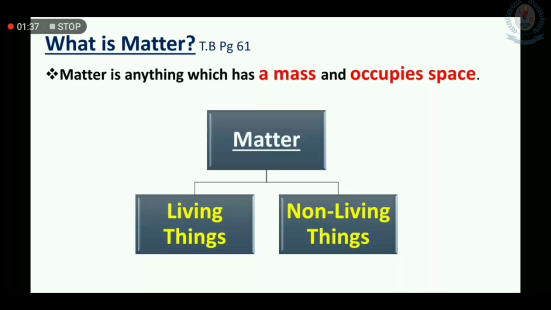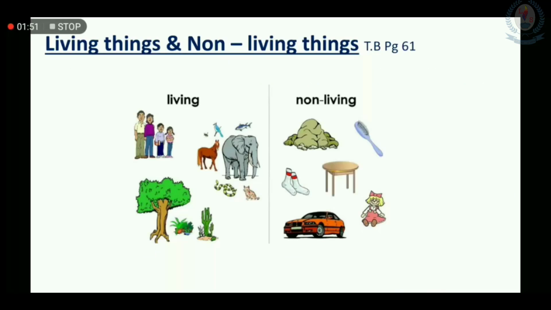Matter can be divided into two groups. What are they, children? Yes, living things and non-living things. Correct. When we are grouping matter as living and non-living things, we have to be concerned about some important points.